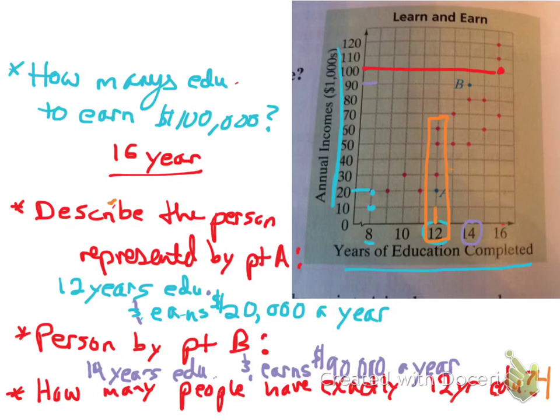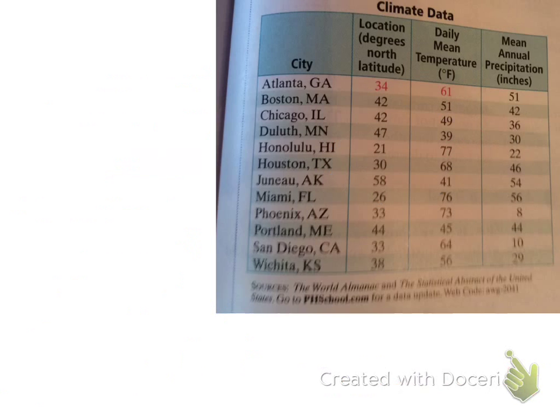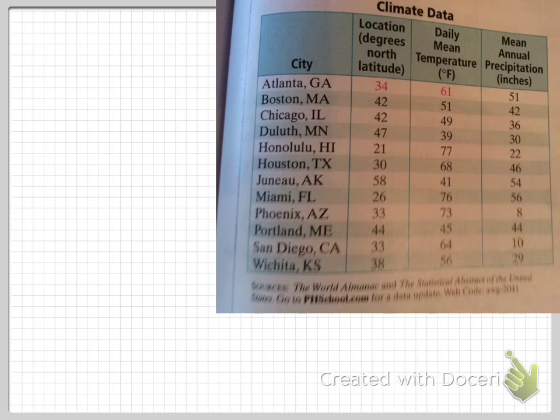So we're going to go ahead now and make a scatter plot using a set of data. See, some graph paper. It's a little small.